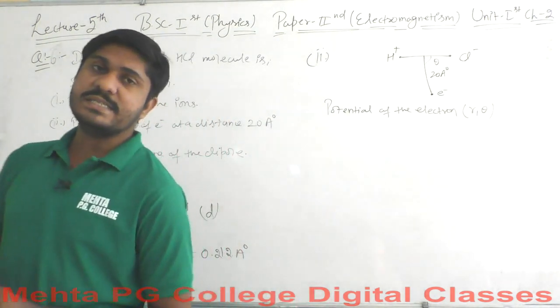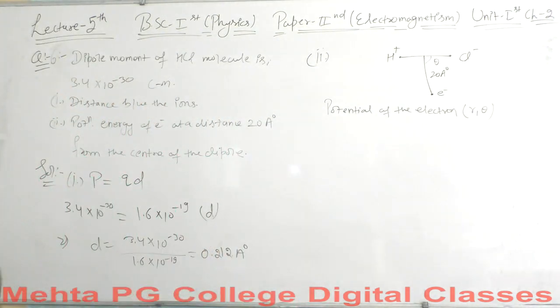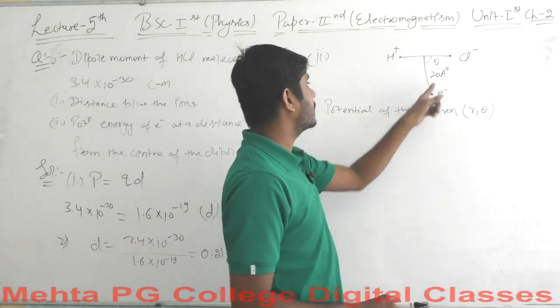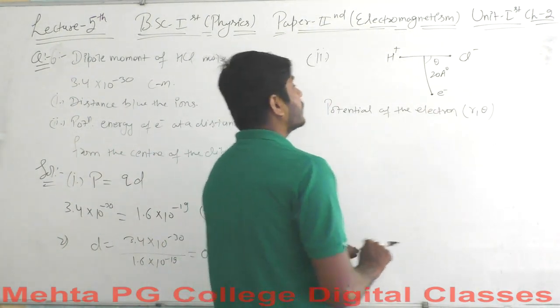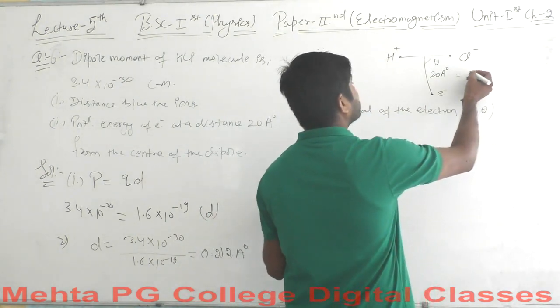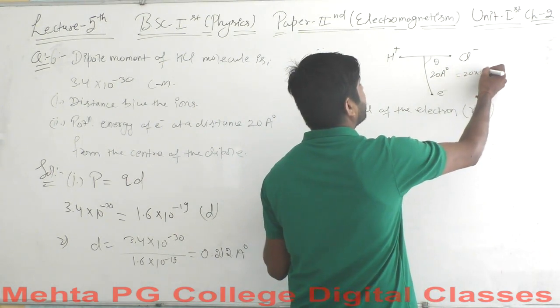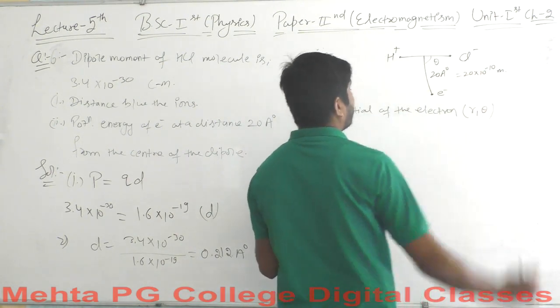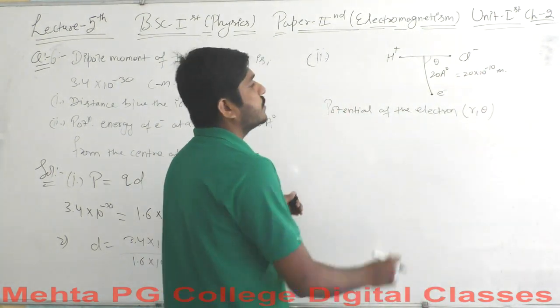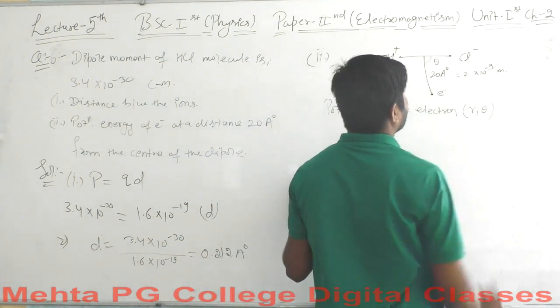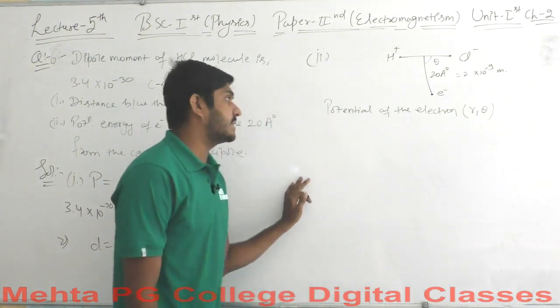This distance has been given as 20 angstrom. In meters, that is 20 into 10 to the power minus 10 meters, or simply 2 into 10 to the power minus 9 meter here.